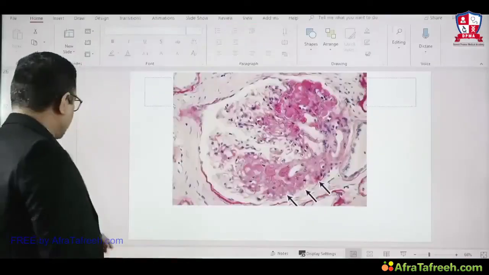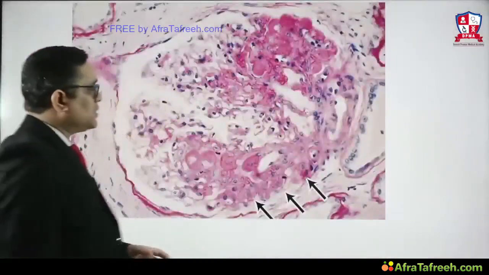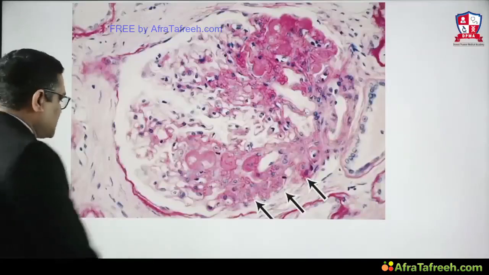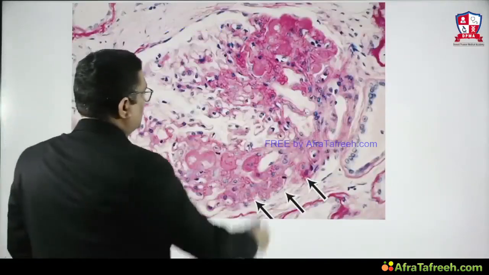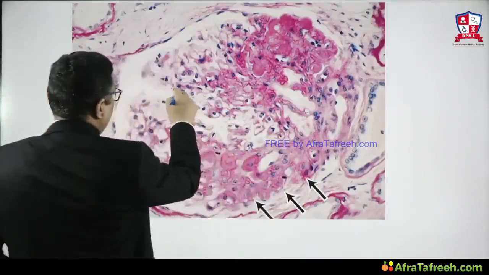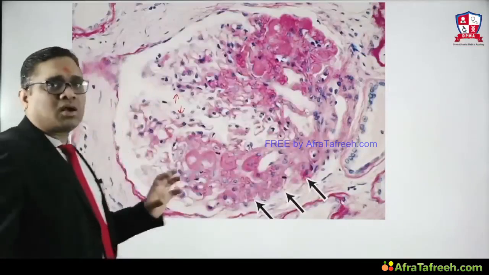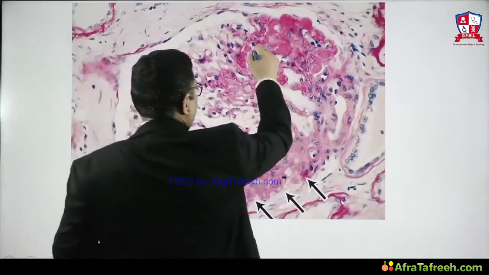Now you can see this picture. This is a light microscopic view. In this view, you can see the collagen deposition, which looks pink in color, right? These are the normal glomerular capillaries. In the entire glomerular capillary, you can see that not all areas of the blood vessel have collagen deposition. How will you identify collagen deposition?